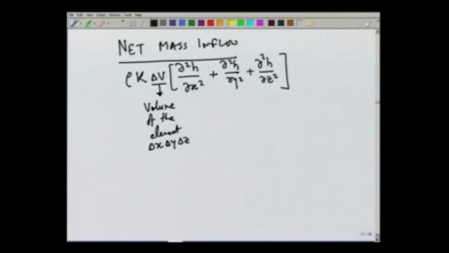Now, the continuity equation says that this net mass inflow should be equal to the change of storage within the control volume.